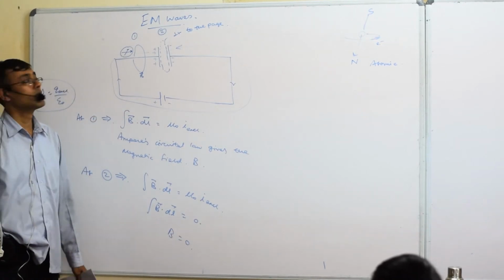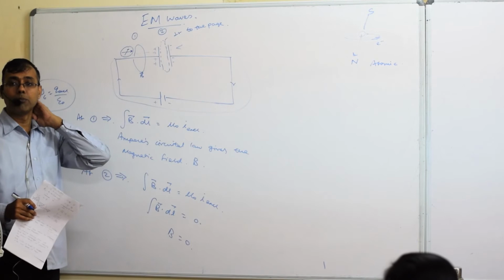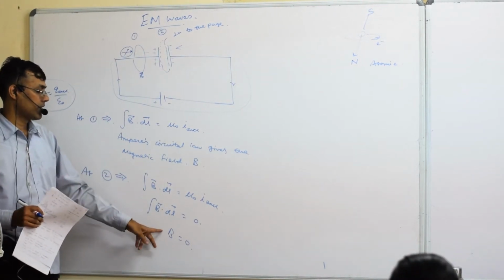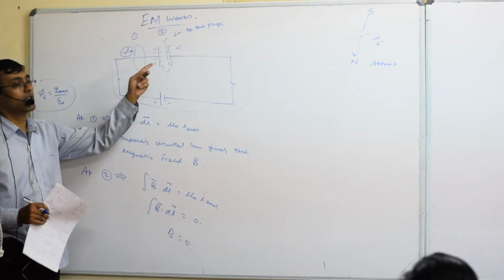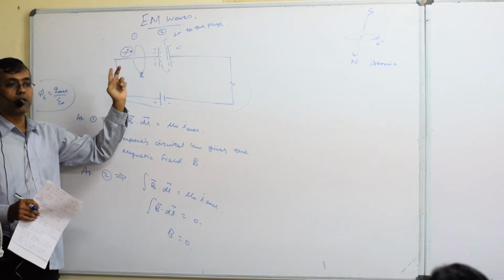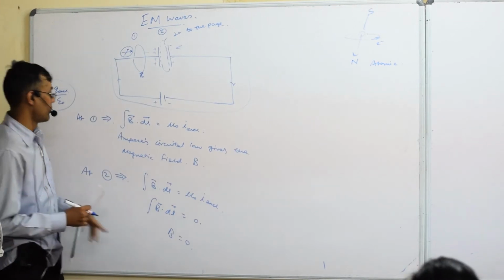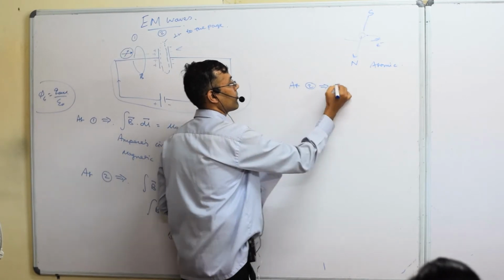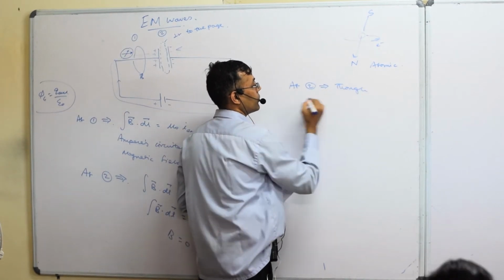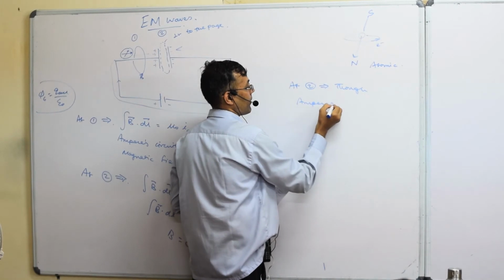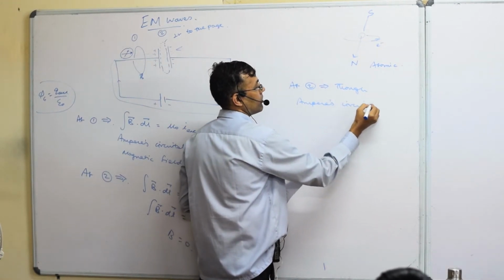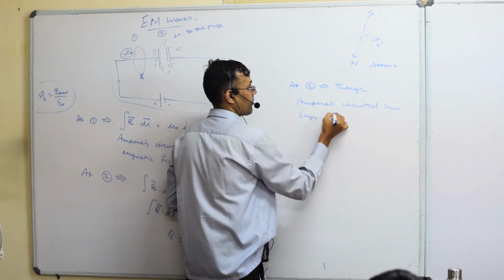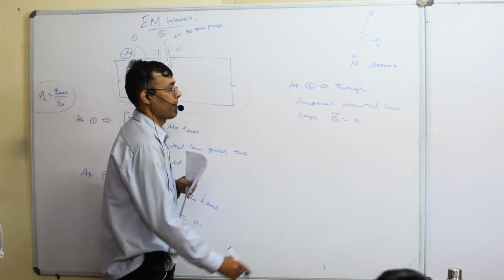Magnetic field is 0. But what did I say with the magnetic compass? There was some deflection. So that means the theory says that it is 0 magnetic field, but in reality you are seeing some magnetic field, right? So take it down properly. At 2, Ampere's circuital law says B is equal to 0.